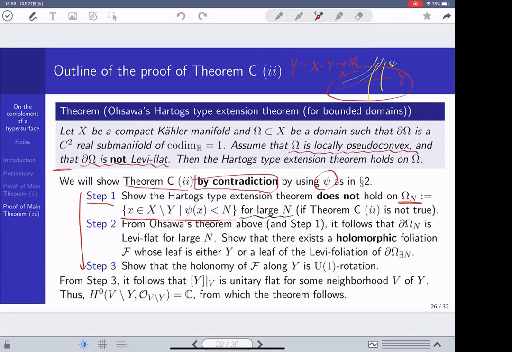So in step 1, we will assume that Theorem C, the second assertion, is not true.